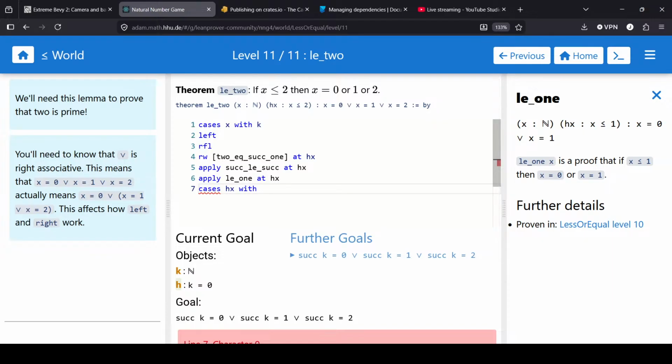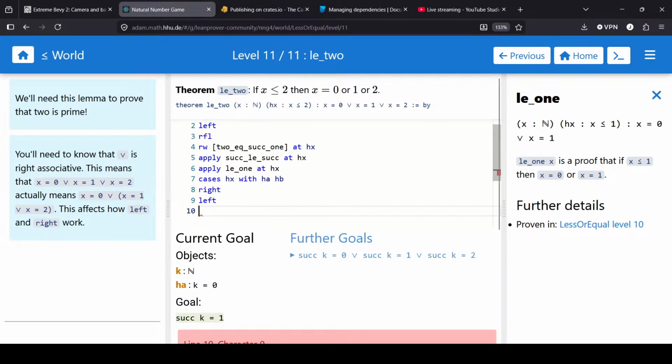Wait, what am I casing again? I already forgot. Oh, it's an or. A, B, sure. Go do that, I guess. So if k equals 0, then I can just take the middle one. Okay, I see. So I go right, and then I go left, and then I do my substitution.